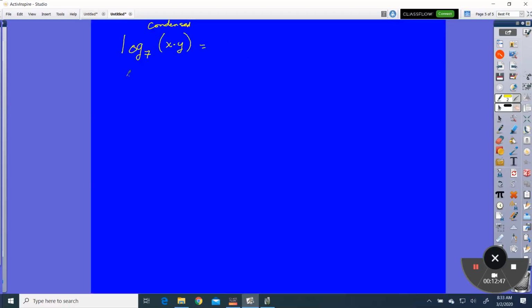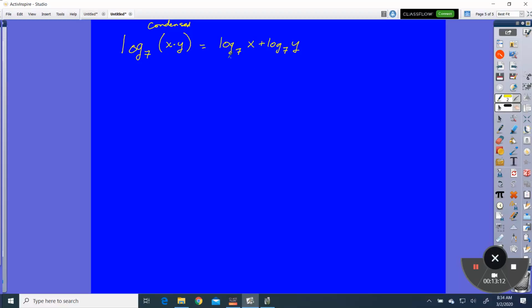Here's another way to think of it. Every variable gets its own little log to sit on. So this is condensed. Expanded is going to look like this. The multiply became a plus. Or if you want to think of it going the other way, the plus became a multiply.